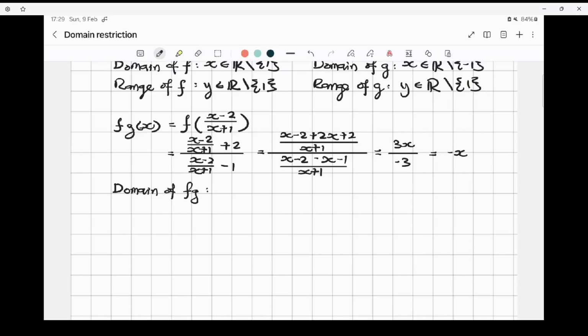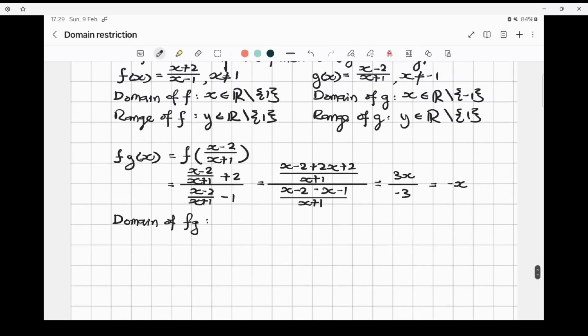So it is not true to what would be the domain and the range for f of g. In this case, for the domain of f of g, you know for sure that this is coming from the domain of g. That's why this will be x inside the real numbers excluding -1. So for the domain of f of g, usually there's no problem. You just follow the domain of g in this case.